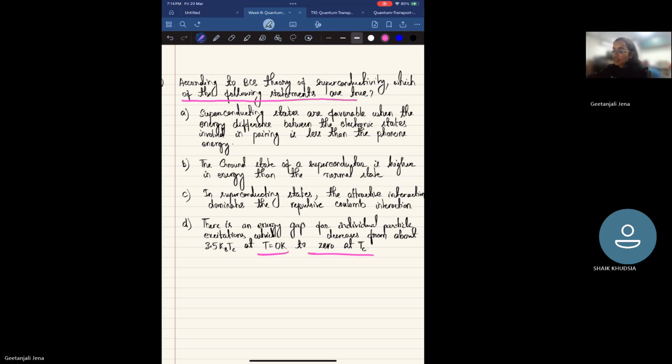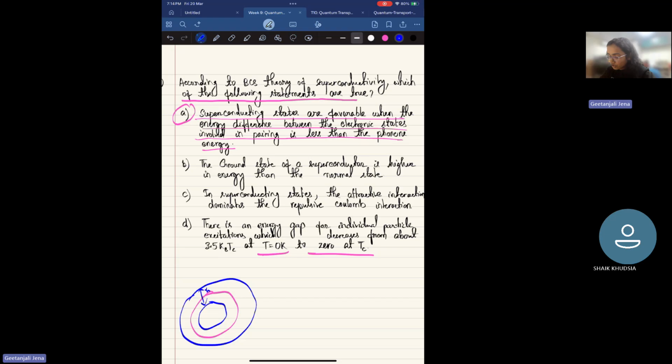Okay. So according to the BCS theory, let us see option A. Superconducting states are favorable when the energy difference between the electronic states involved in pairing is less than the phonon energy. This is true according to the BCS theory, because only if the energy difference is lesser than the phonon energy will they combine and form a Cooper pair. If you recall, I have drawn one diagram, the Fermi surface, and only those electrons which are at a distance h cut omega d within the range of this Fermi surface will participate.